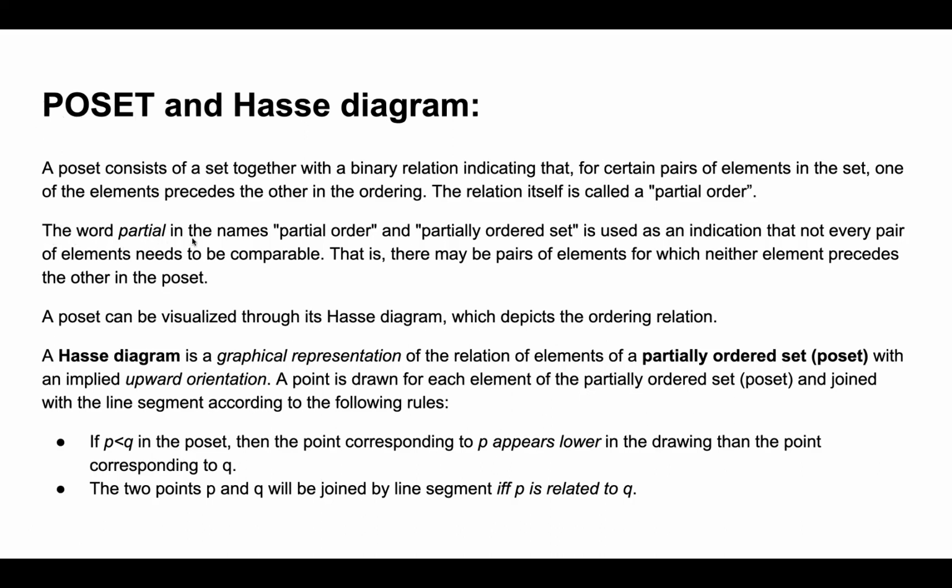The word partial in the names partial order and partially ordered set is used as an indication that not every pair of elements needs to be comparable. Okay, it means that the word partial in the names is used as an indication that not every pair of elements needs to be comparable.